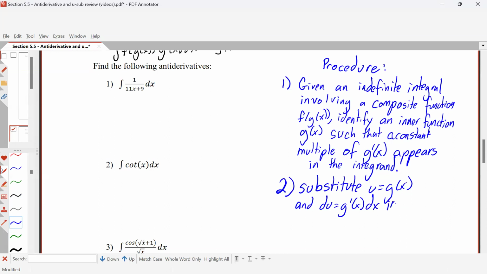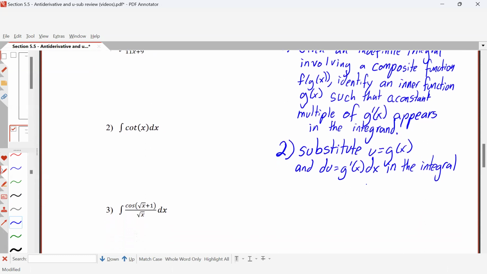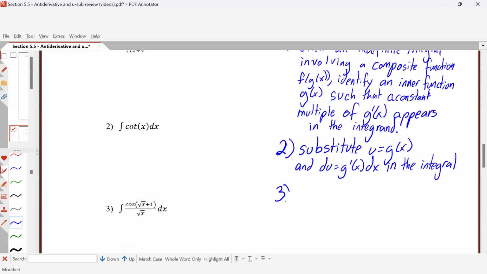We're going to substitute all that out inside our integrand, or inside the integral. Step 3 is now, when we make the substitution of u and du, our whole integral becomes in terms of u. So we now have this new integral in terms of u that we can evaluate.